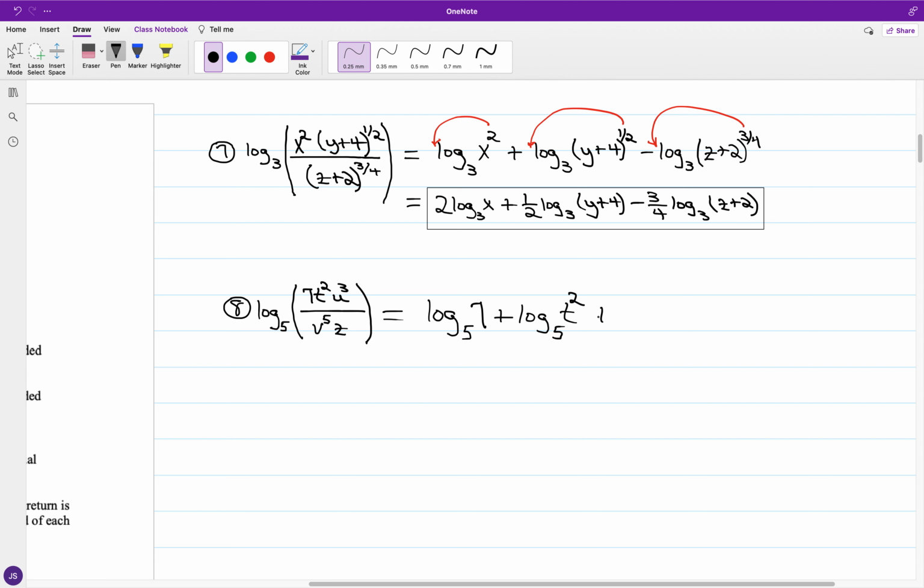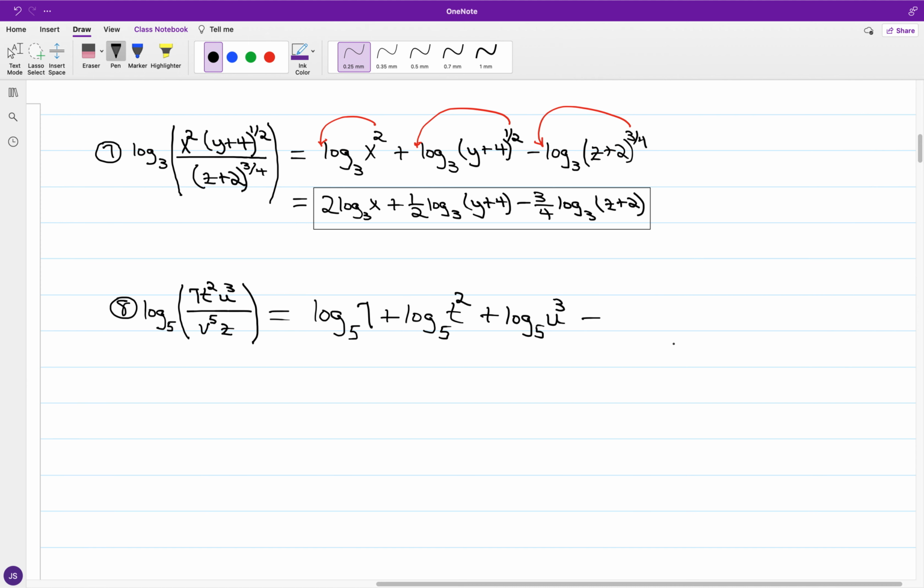Then next plus the base 5 logarithm of u to the 3rd. Then we have minus the base 5 logarithm of v to the 5th, and then minus the base 5 logarithm of z.